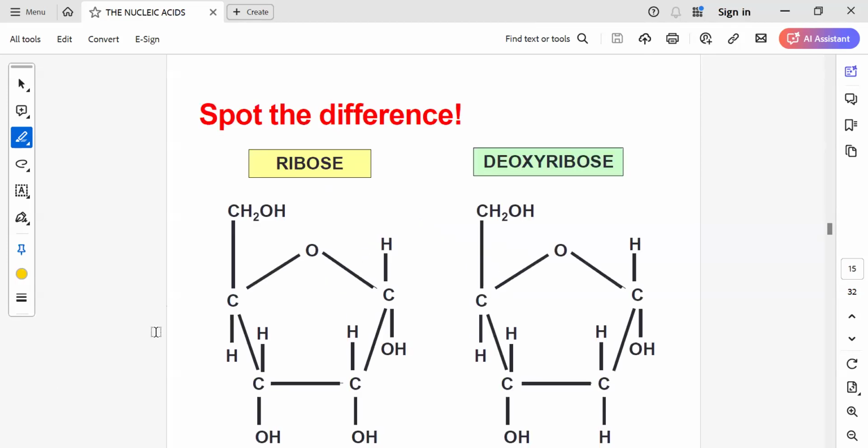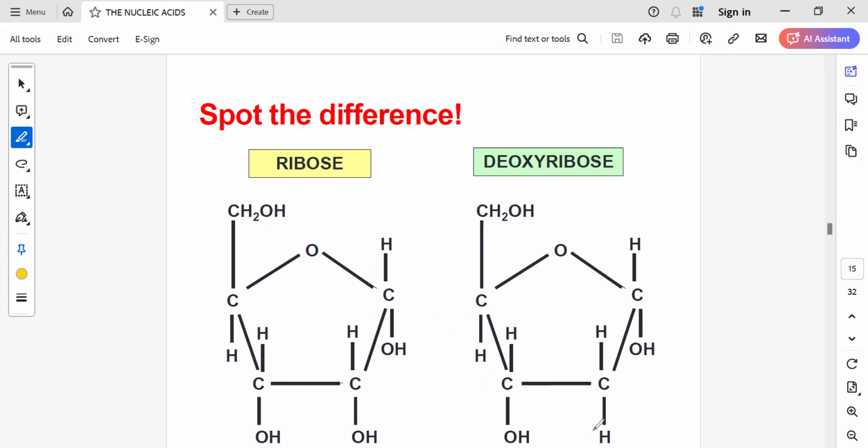Okay. So now these sugars are divided into two. The sugars that are found in the nucleic acid are divided into two. We have ribose sugar and we have deoxyribose sugar. So we spot the differences. What is the difference? Everything, if you look at it here, is the same.